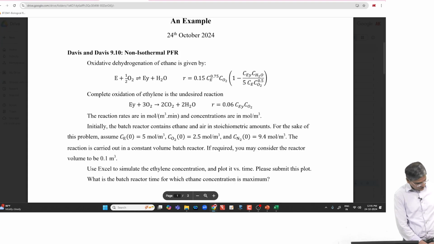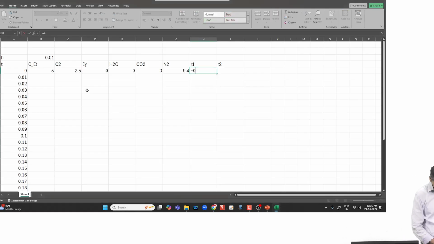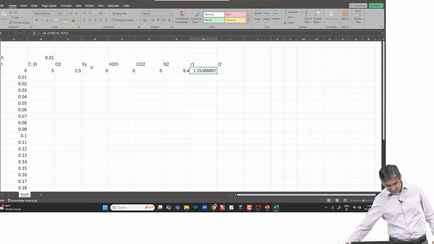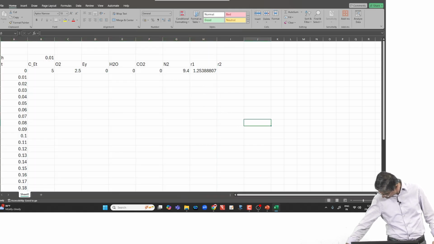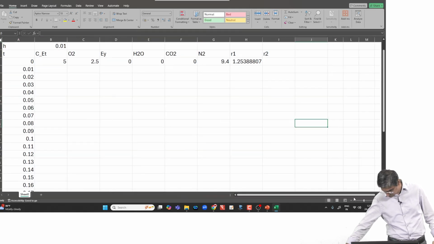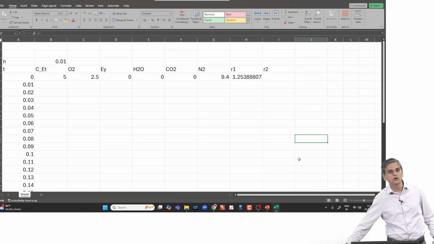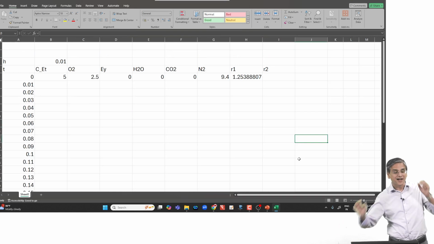R1 is 0.15 multiplied by concentration of ethane to the power 0.75 into concentration of oxygen. Can you see all of this or no?